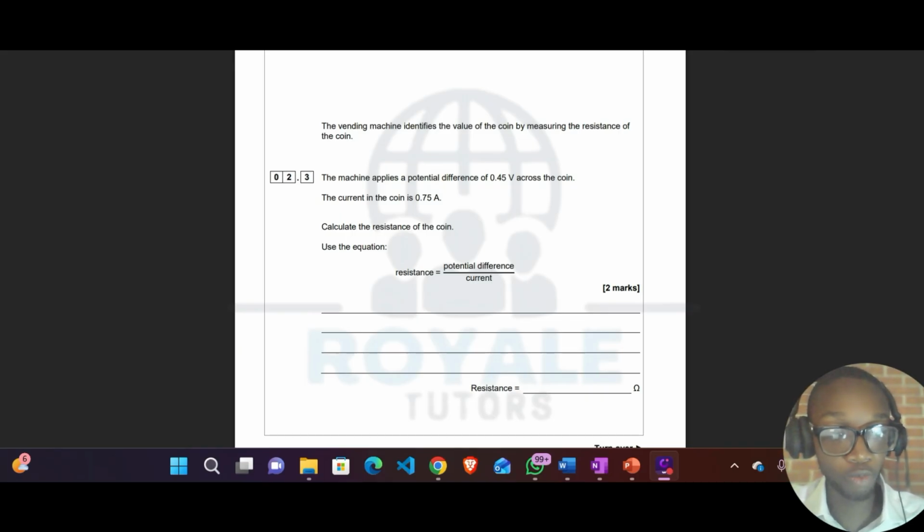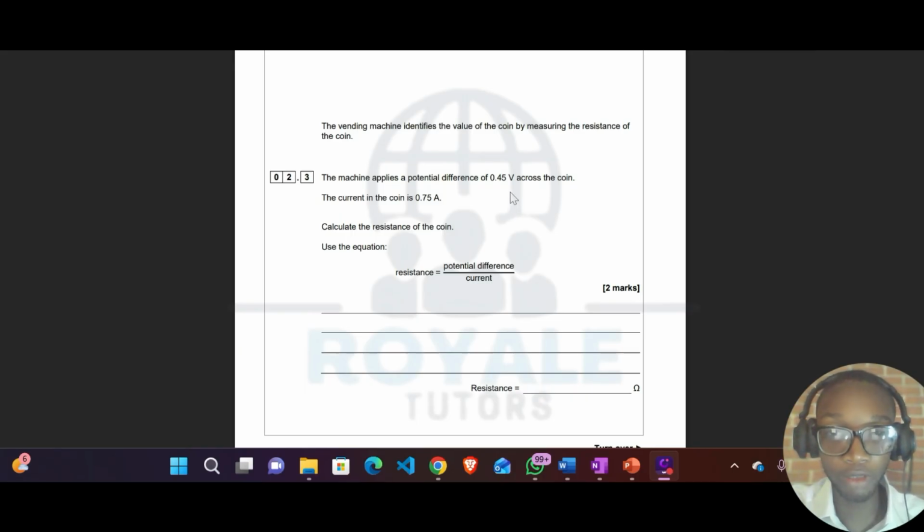Here we have the equation. We're told to use the equation. The equation says resistance is equal to the potential difference divided by the current. So we just have to identify the potential difference and the current, and then divide.